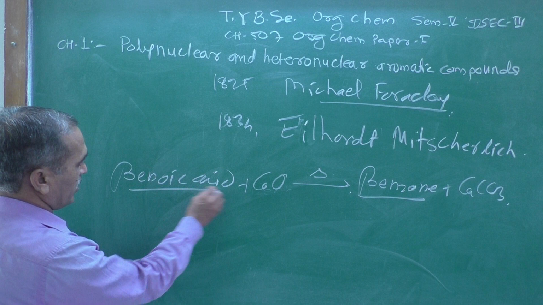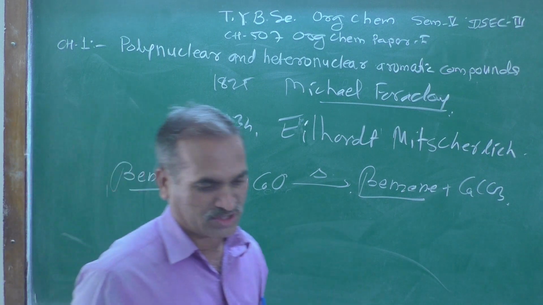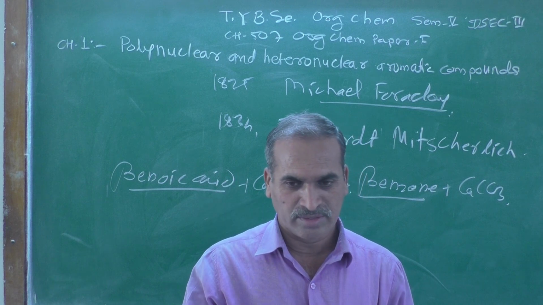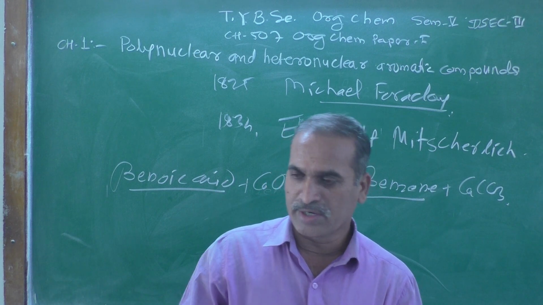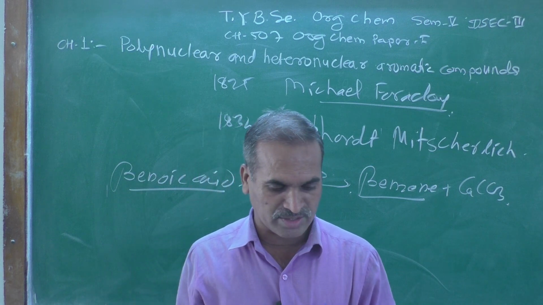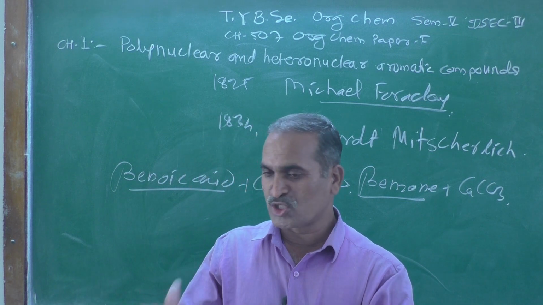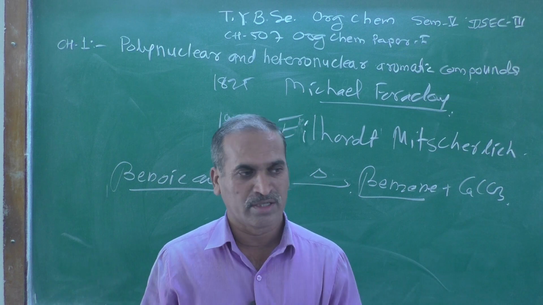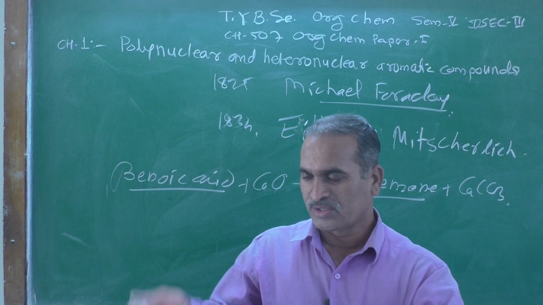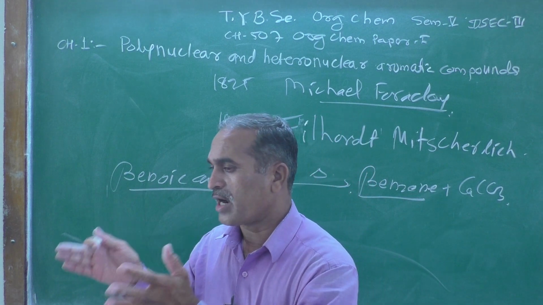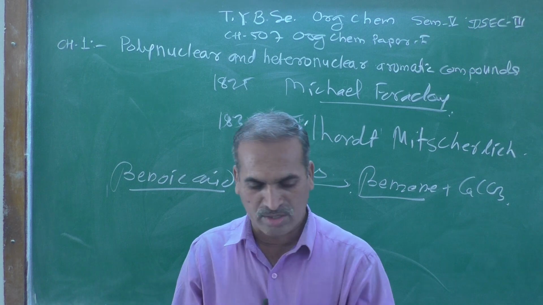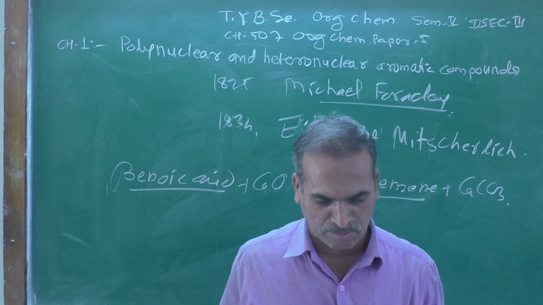This is benzoic acid. Now we know the structure of benzoic acid, but long back the scientists didn't know it, yet when that benzoic acid was treated with heated lime, calcium oxide, they obtained benzene, and the byproduct is calcium carbonate.